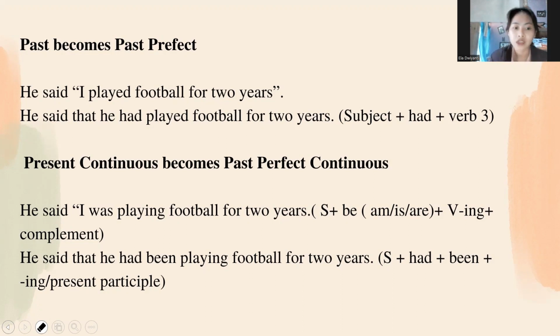And if we change it, it becomes past perfect continuous: subject plus had plus been plus ing, the present participle. And the sentence becomes he said that he had been playing football for 2 years. Okay. Next.